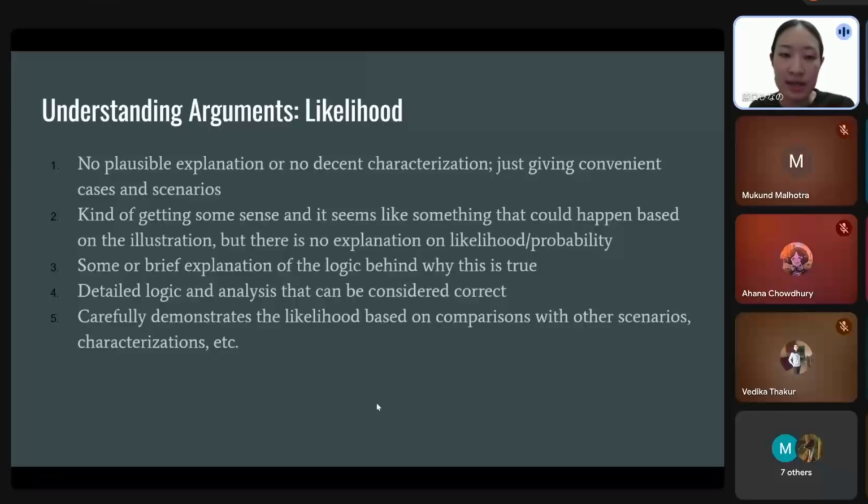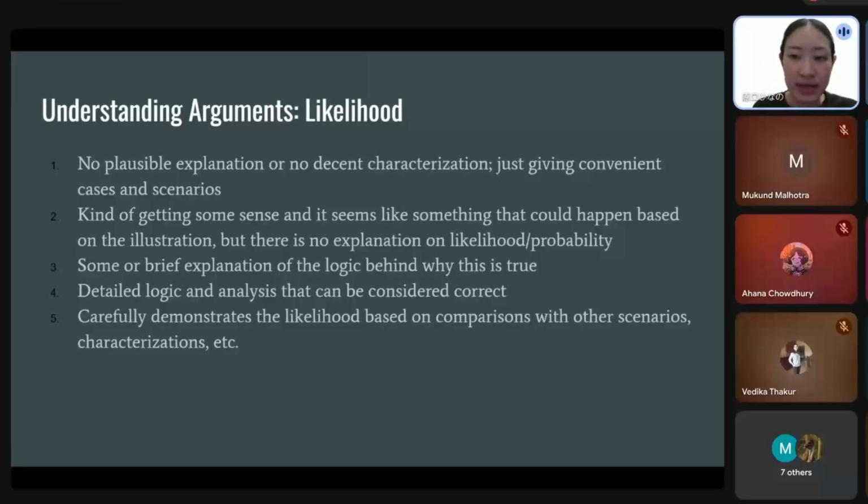So let's take an example. The example can be, for example, parents will teach conservative values to the children, and then children will be conservative. Let's see this assertion. The first level is that, for example, the only explanation is parents will teach the conservative ideology to the children.